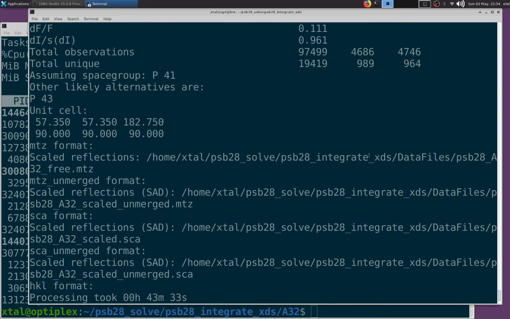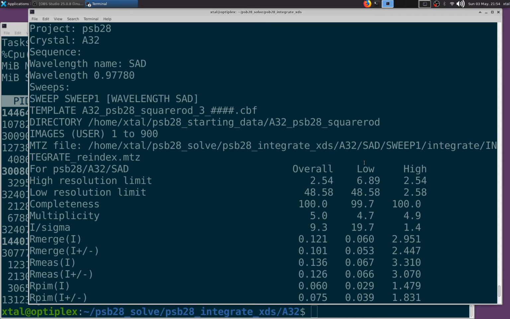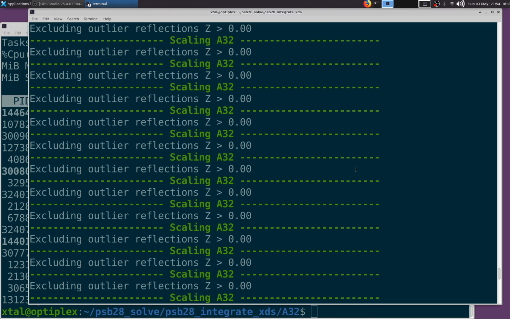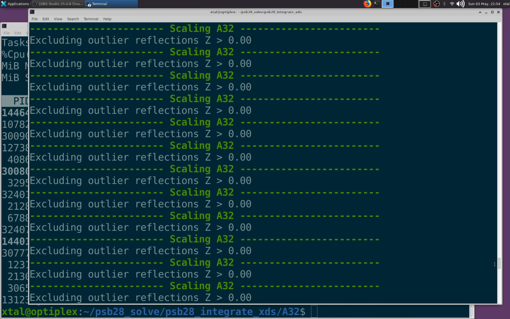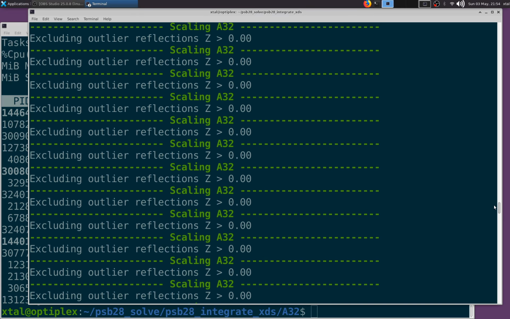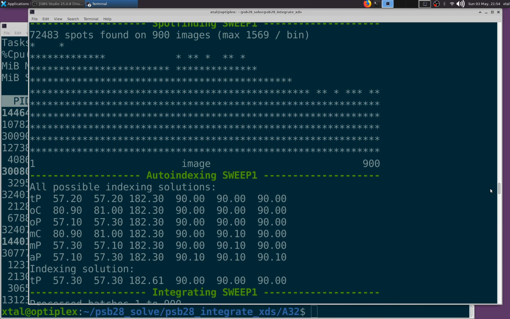So let's look at the result of the integration. This was the program. It did a lot of scaling.